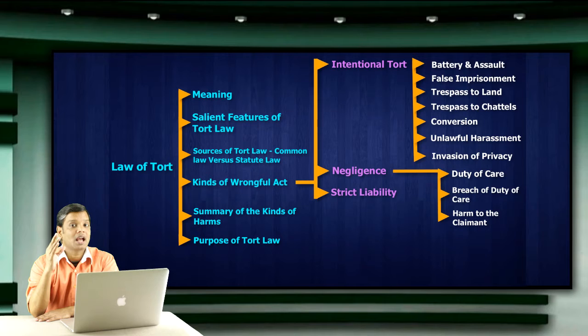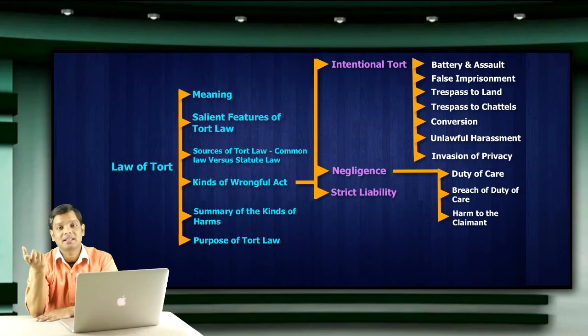Here we had discussed that something wrong happened by someone else. You are not at all involved in that incident, but you are liable because the thing that is done by someone else is related to you. How?